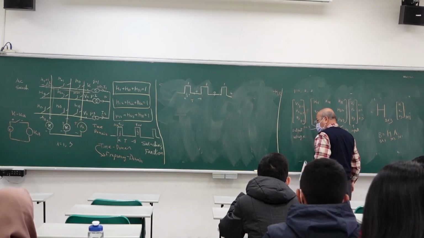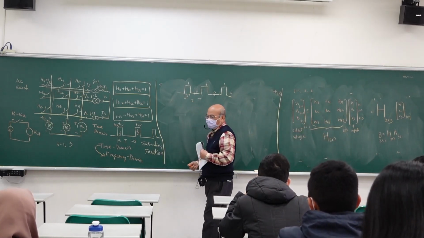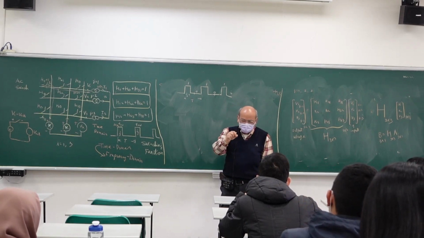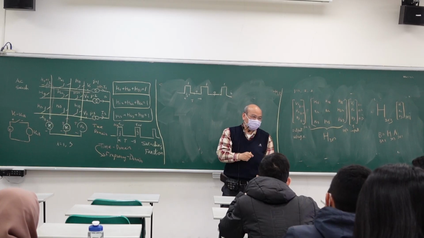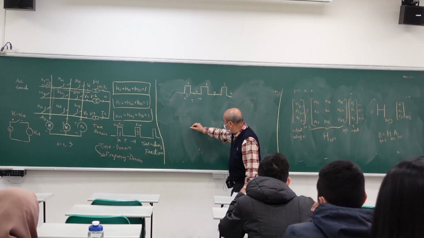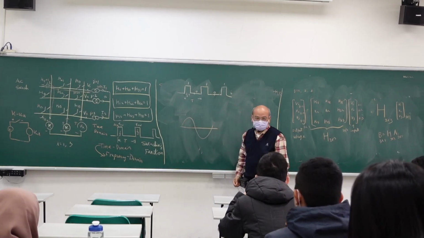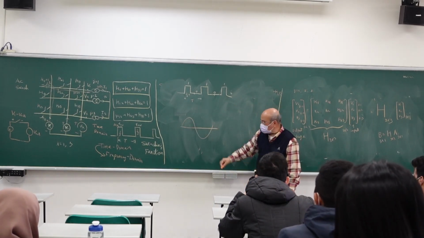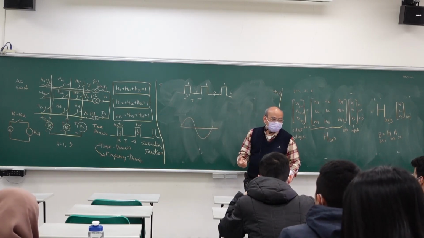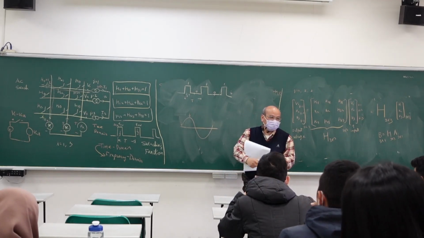If you have a waveform right here and you want to learn the Fourier series, what is the starting point? If you have a sine wave, what is your starting point? You can say, I can start from here. Is it okay? Can I start from here? Okay or not okay?